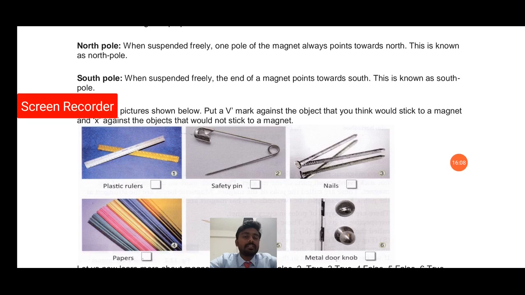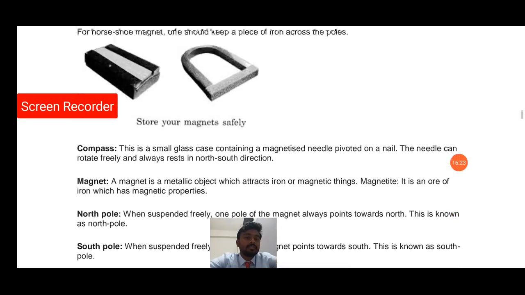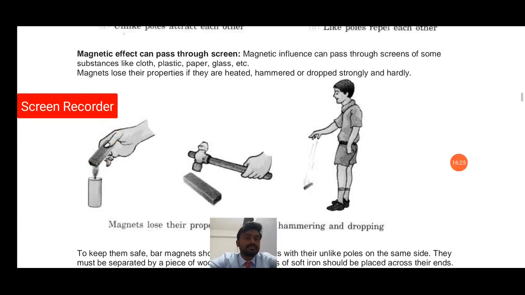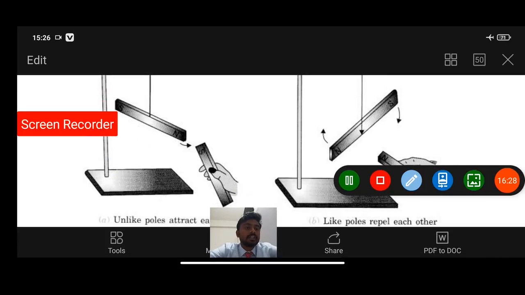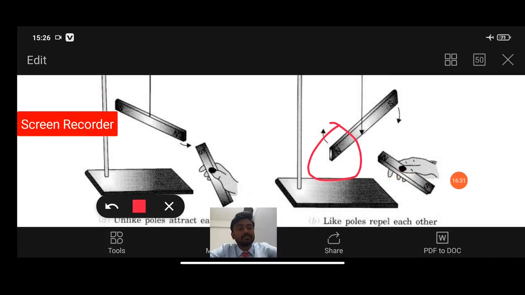When suspended freely, one pole of the magnet always points towards the north. It is known as a North Pole.